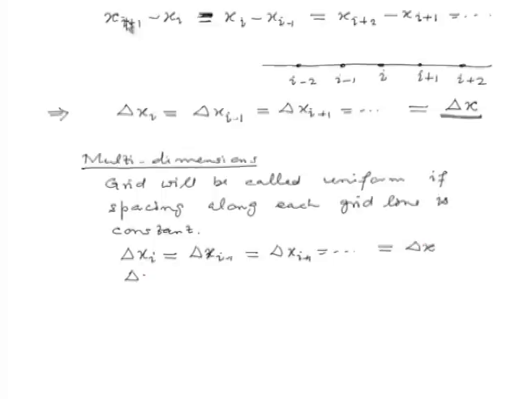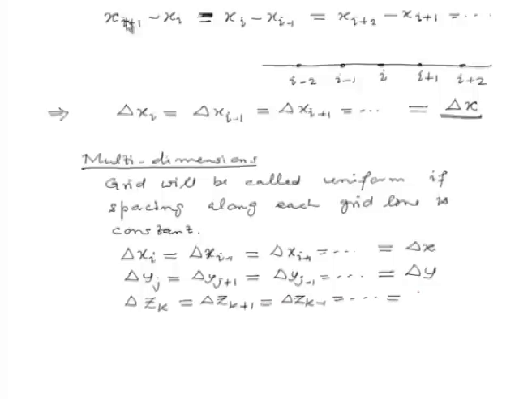Similarly, delta y j is equal to delta y j plus 1 is equal to delta y j minus 1 and so on, and it is equal to a constant spacing delta y along the j grid lines, and similarly delta z k is equal to delta z k plus 1 is equal to delta z k minus 1 and so on, and it is equal to a constant increment or spacing delta z.